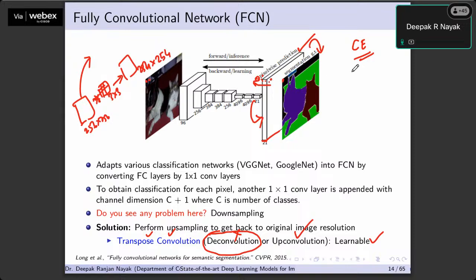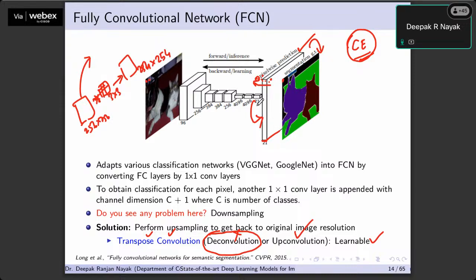You can call it the sum of the pixel-wise cross entropy loss function, and that is the simplest and most widely used loss function in the semantic segmentation learning setup. I hope it is clear. Why do we need 21 channels? It is always possible only by using a 1x1 convolutional layer at the end.